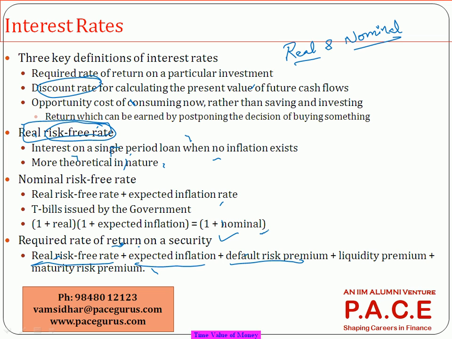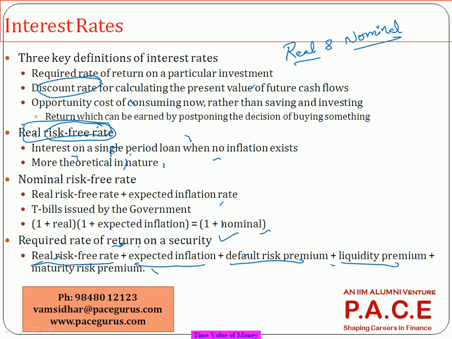Then the liquidity premium. The most common example is a comparison with 1 year. Let's say you have an option of depositing your money for 1 year or 2 years. You have two options: take a 1 year FD or take a 2 year FD.